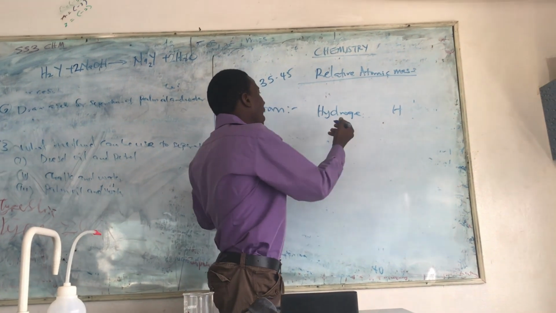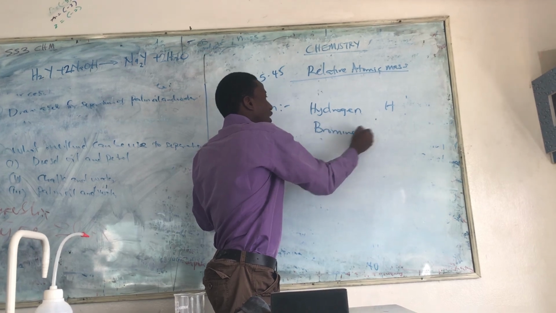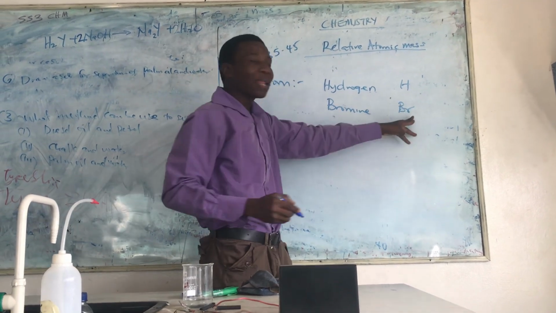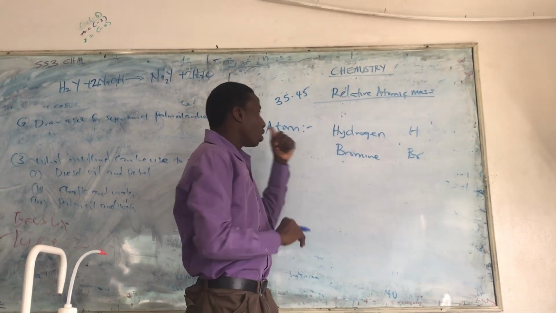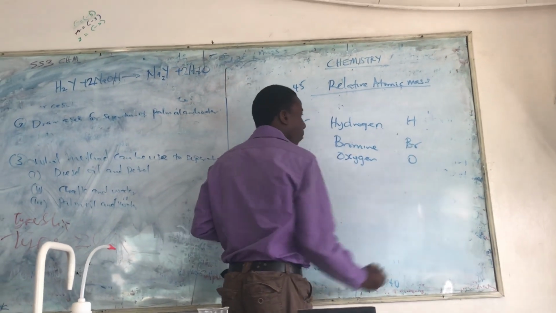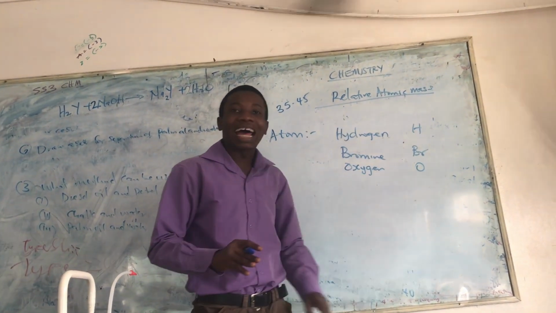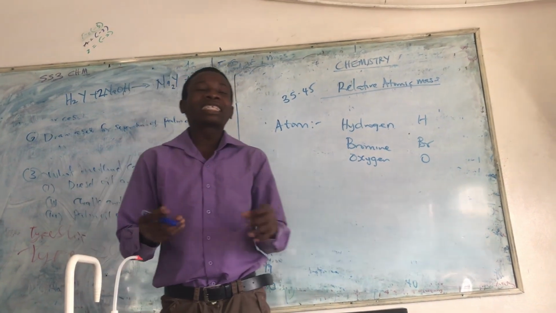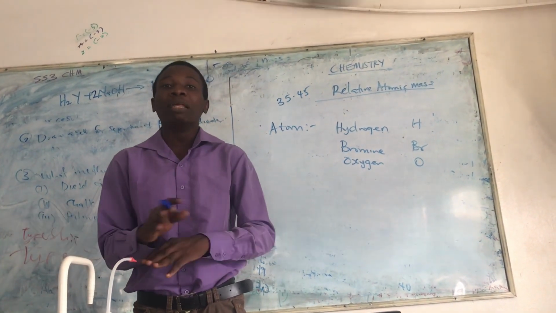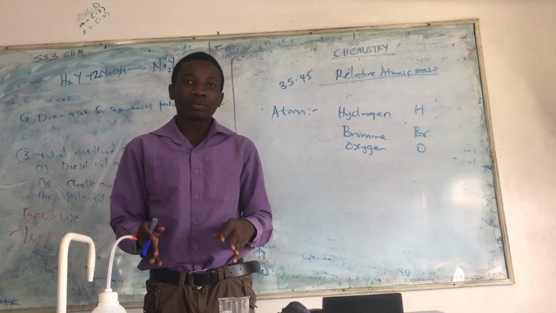The simplest way I can write bromine is Br. The simplest way I can write oxygen is O. Those are what we call atoms. So an atom is the smallest particle of an element that can take part in a chemical reaction.